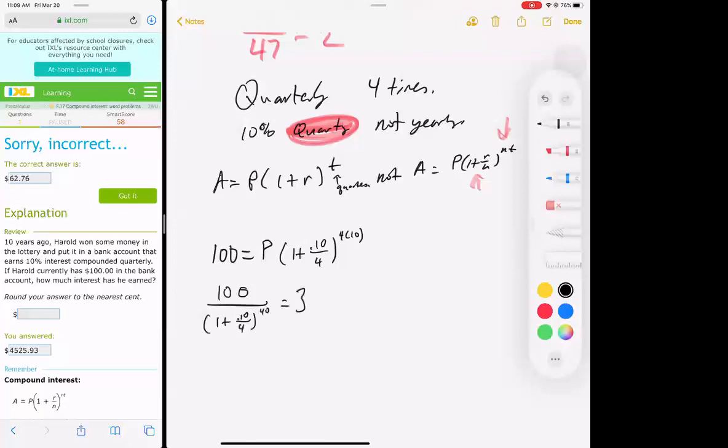So we start off with $37.24. His initial was $37.24 and his final was $100. How much interest did he earn? 100 minus 37.24 is equal to 62.76. Thank you, Giselle.